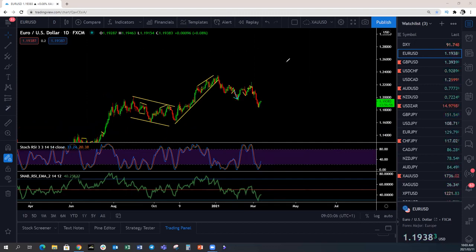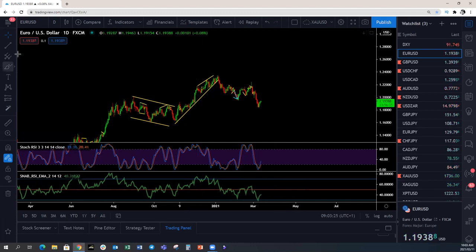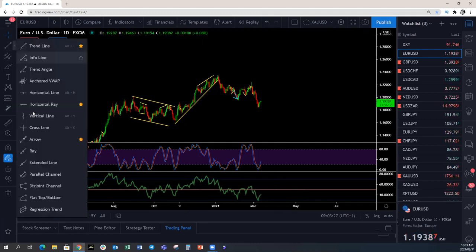So even if this is going to make another double correction here, we must still at least get a bigger move to the upside, a bigger correction that can be up to about the 50% of this. So the 50% of this is at about 1.20. Let's just do it quickly, or rather the 50% of the whole move.